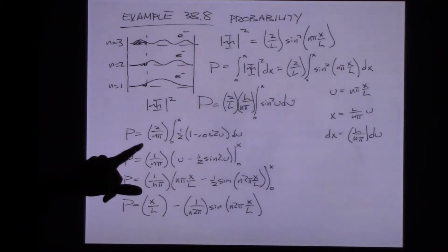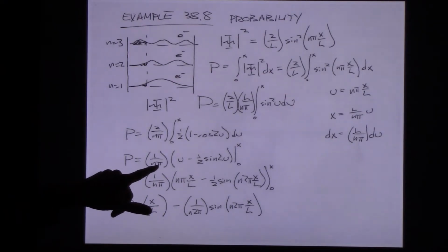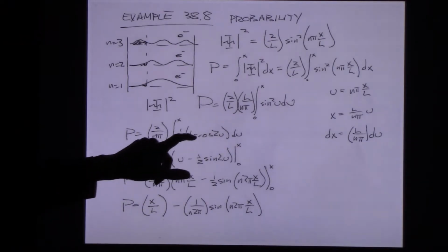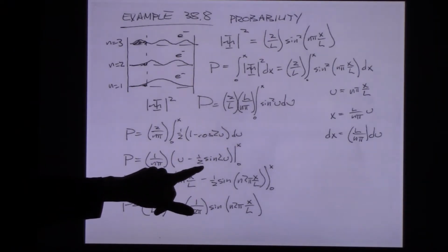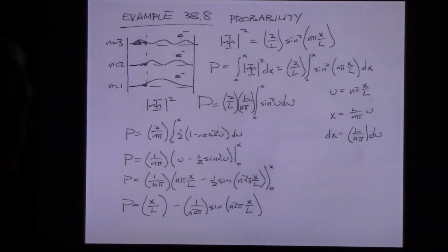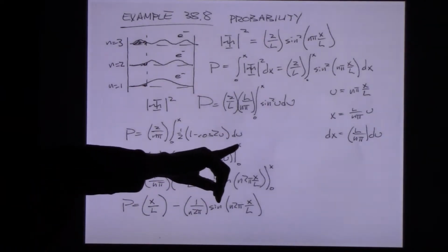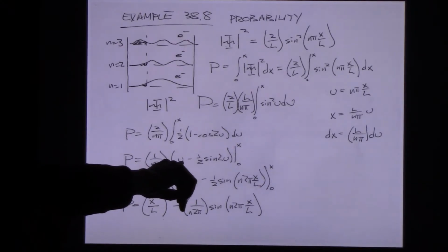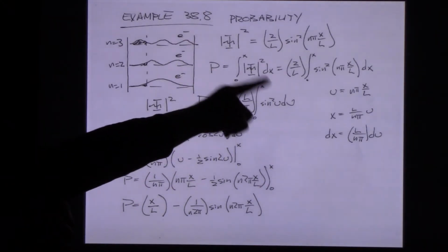And now I'm at 1 over n pi. The 1 integrates to u. The cosine of 2u integrates to 1/2 sine of 2u. And we're going to evaluate that between 0 and x. Now, this time, instead of putting the u's into the limit, I am going to take these u's in my expression and replace those.